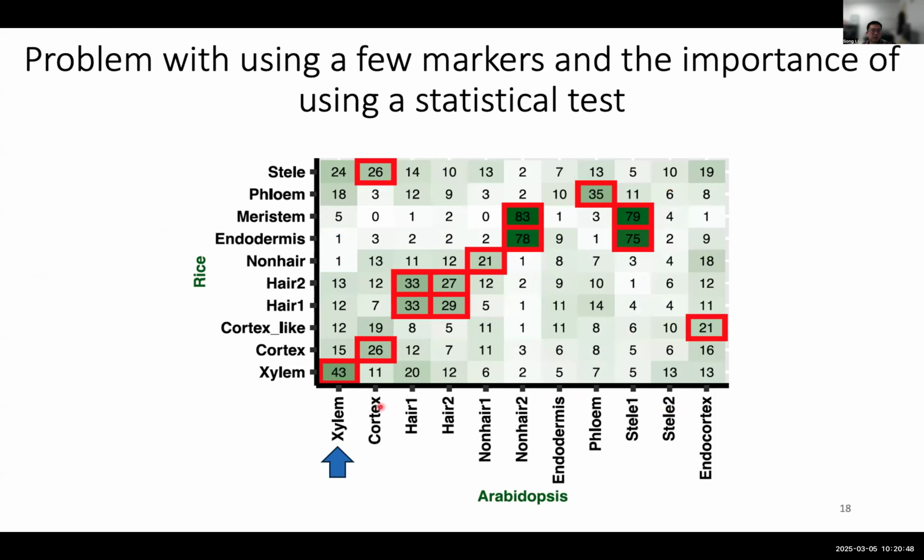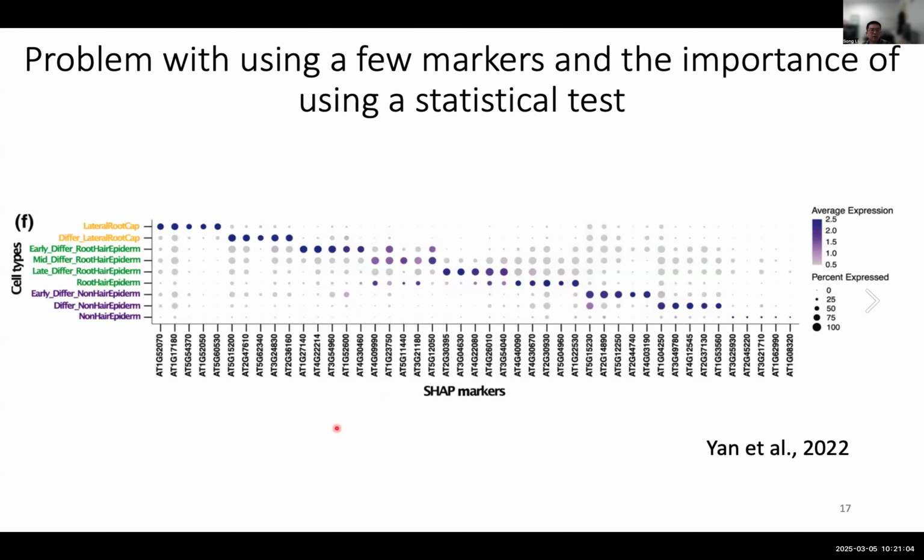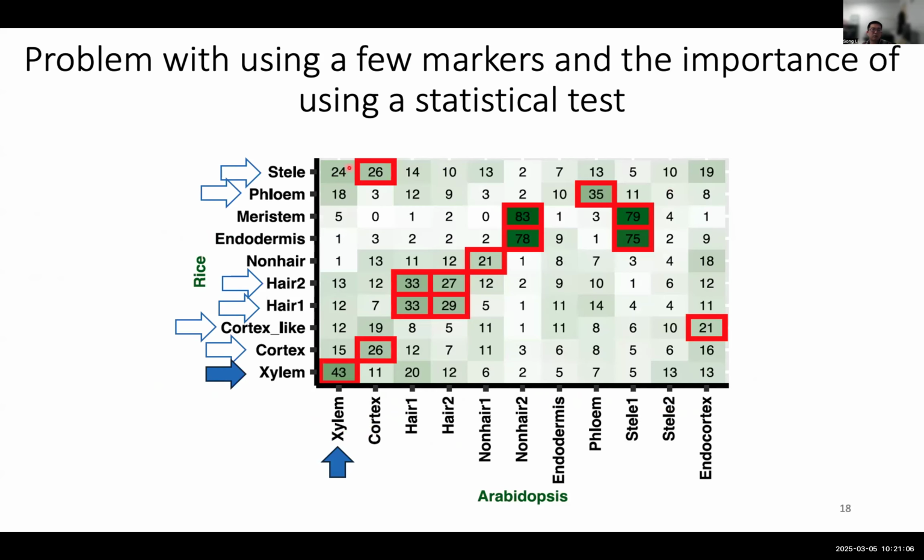This figure shows that that's probably not a great way of doing it. Using xylem as one example, we have 43 marker OMG groups overlapping between xylem in rice and xylem in Arabidopsis. But if you only show 5, or even 10, you can still assign phloem or hair cells as xylem cells.